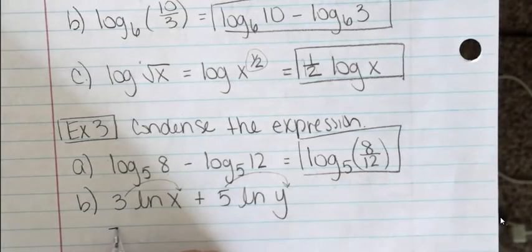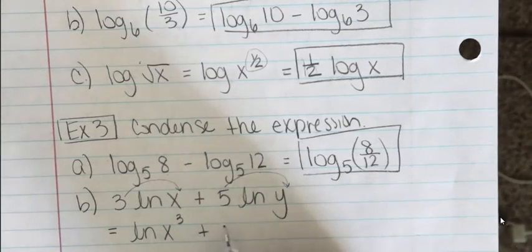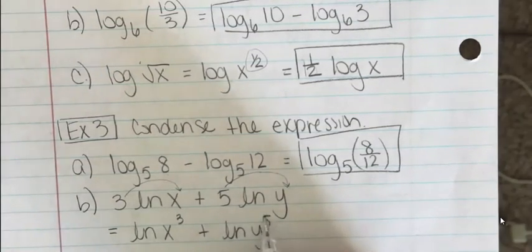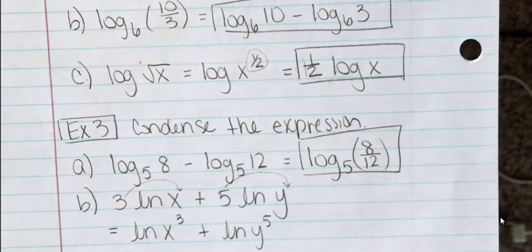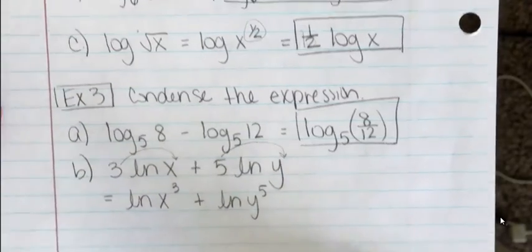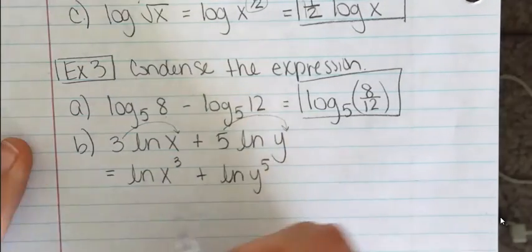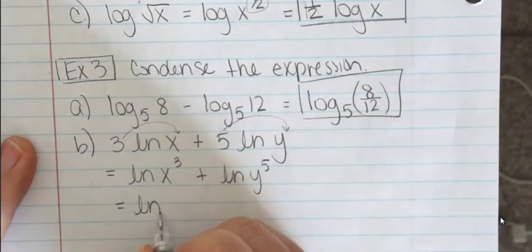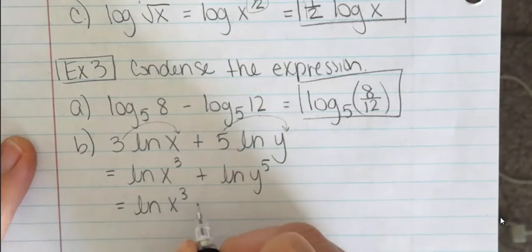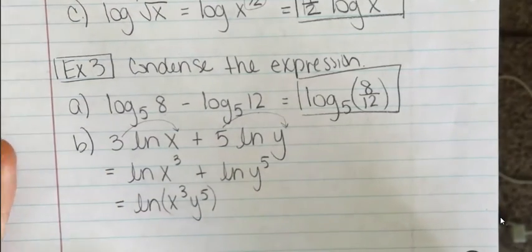What I'm going to do first is say this is really ln of x cubed plus ln of y to the 5th. Now I've got a sum of two logarithms, same bases, so now I can use that product property to make them into one ln. So this is just going to be ln of x cubed times y to the 5th. And again, you can put those parentheses around your input if you'd like.